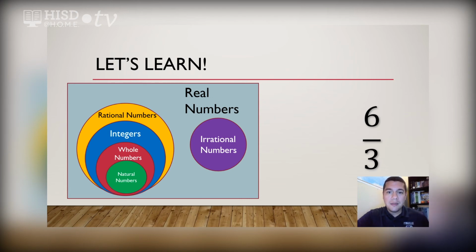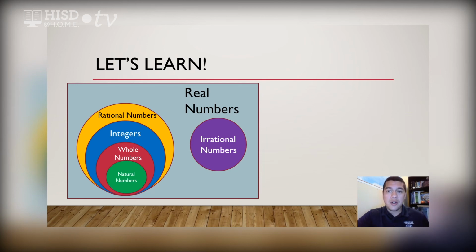What does that mean? That means that the number 2 is actually a natural number. And if it's a natural number, it's also a subset of, yes, you got it, the whole numbers. And if it's a whole number, it's also an integer. And if it's an integer, it's also a rational number. And if it's a rational number, that means that it's also a real number.